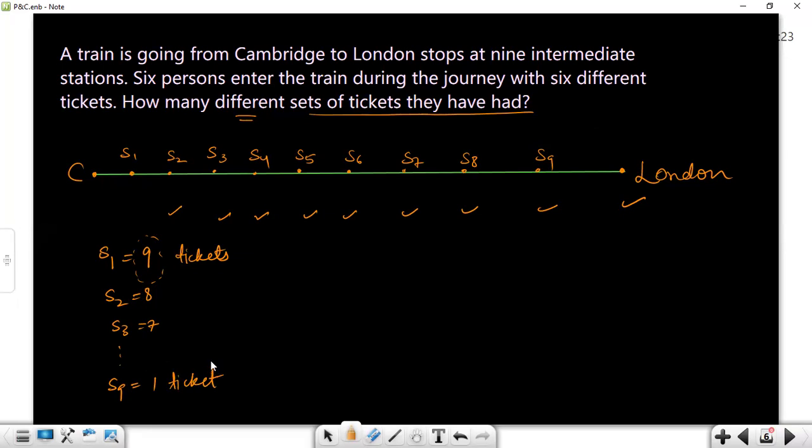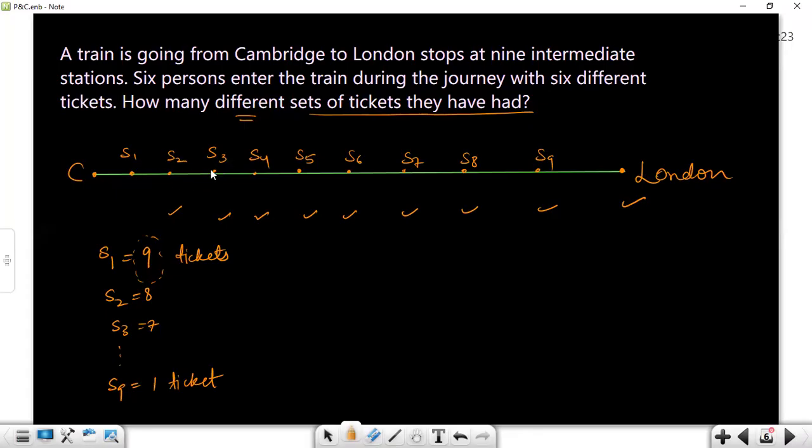Okay. If that is clear, now the total number of different tickets will be 9 from S1, 8 from S2, 7 from S3. Now we are going to add them. We are not going to multiply them. Why? Because they are independent events. They're not dependent on each other.